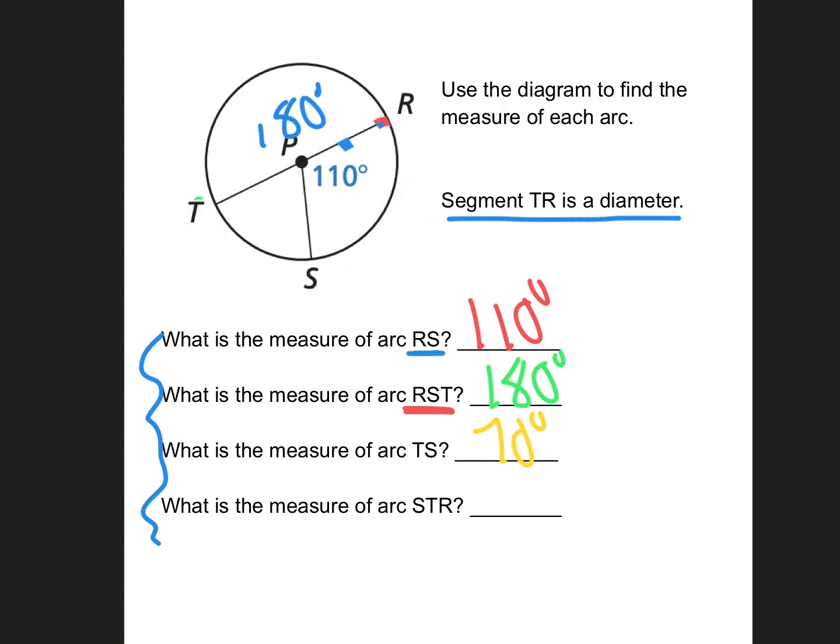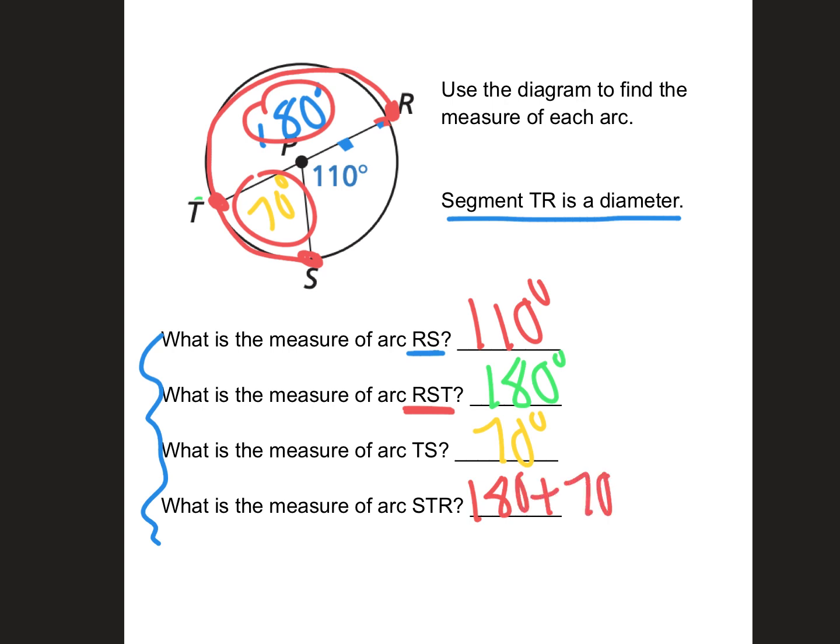I'm going to put my 70 degrees back in there. Okay, and I'm going STR, so I'm going all the way around, and I have 2 angles in there that are included, so I'm just going to add my 2 angles together, 180 plus 70, which is 250 degrees.